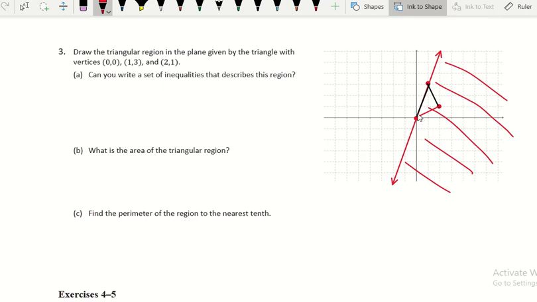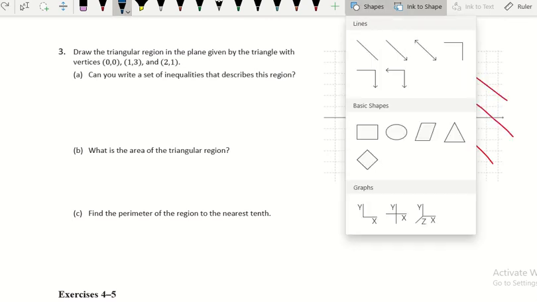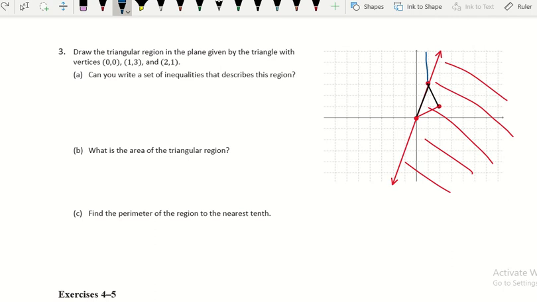So in order to figure out the equation of the line, we need to get the slope and then the y-intercept. So you can see like the slope is going up 3. We're going up 3 and over 1 to the right. So our slope, right? Slope is 3 over 1.